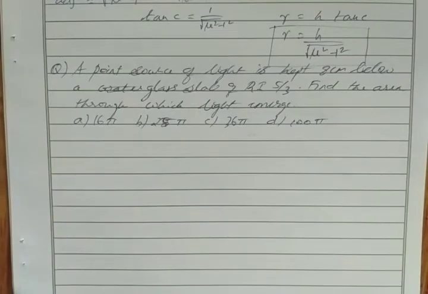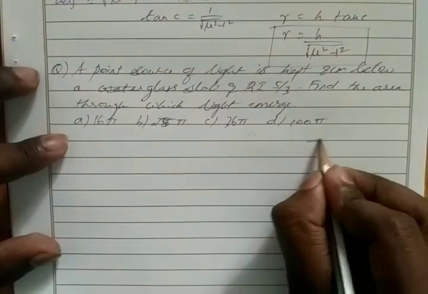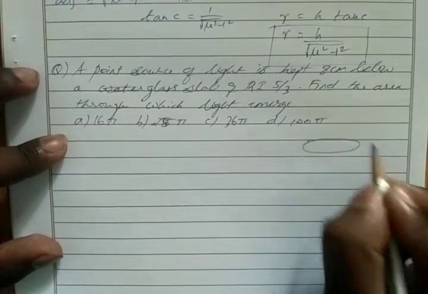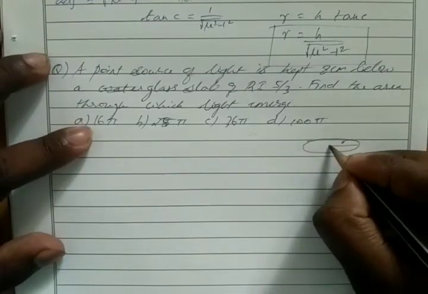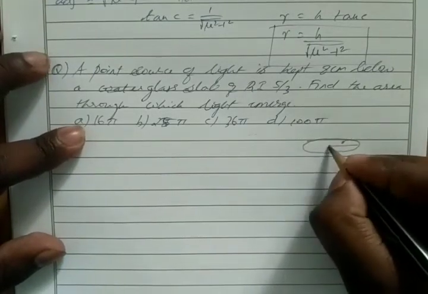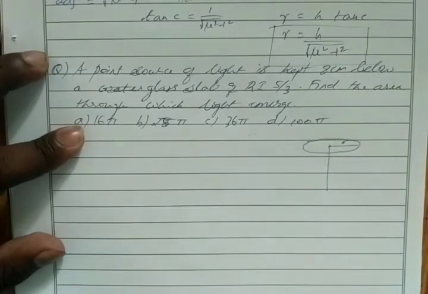Now the problem: a source of light is kept 8 cm below a glass slab of refractive index 5 by 3. Find the area through which light emerges. So how much light are we able to see? We have to find that area. Let's say this is the light emerging from the water with radius r, and a point source is kept inside the glass.